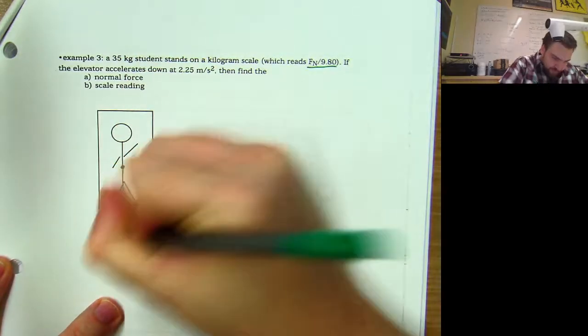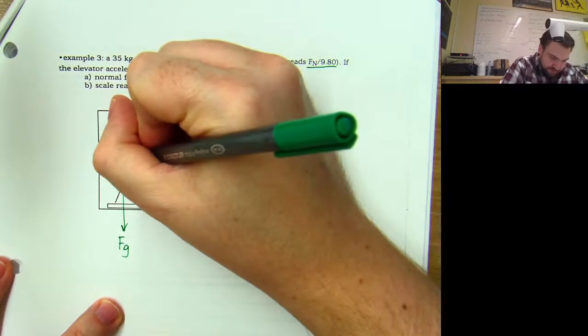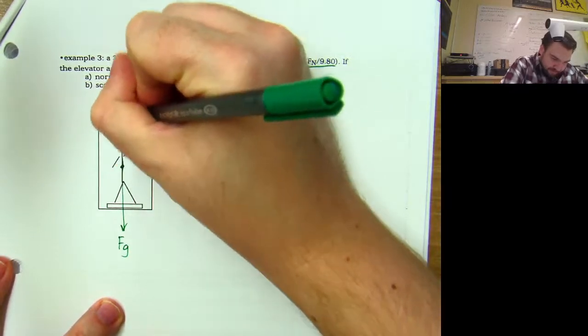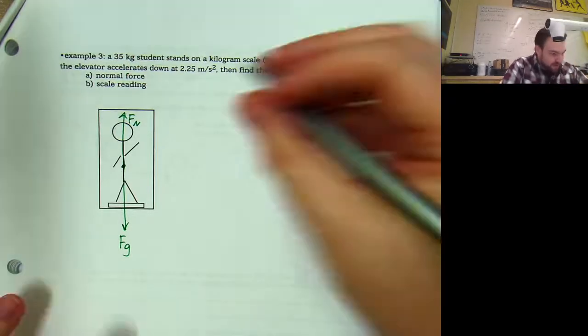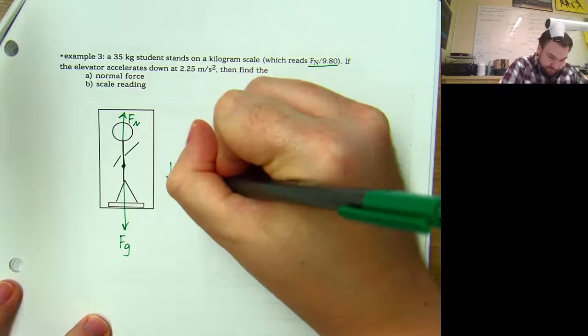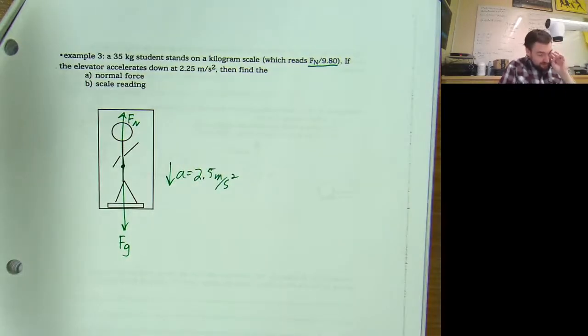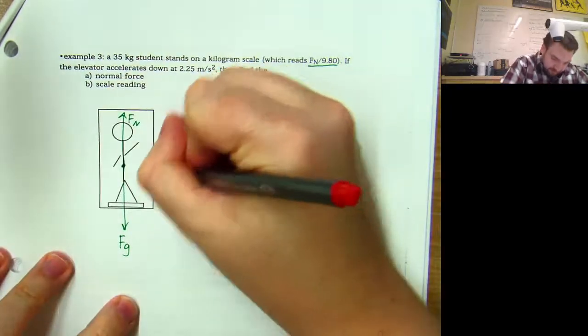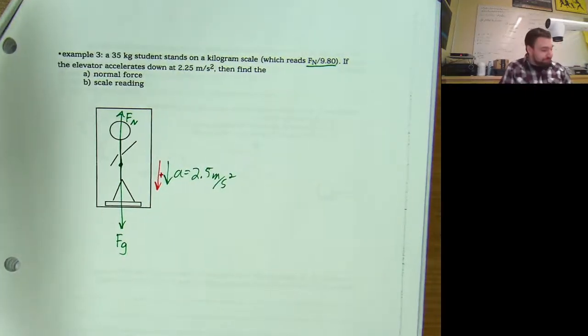We have Fg downwards, and an Fn upwards. We know that the acceleration is downwards, and it doesn't really matter which way we call positive. In this particular question, I'm going to say that down is our positive direction because that's the direction of the acceleration.